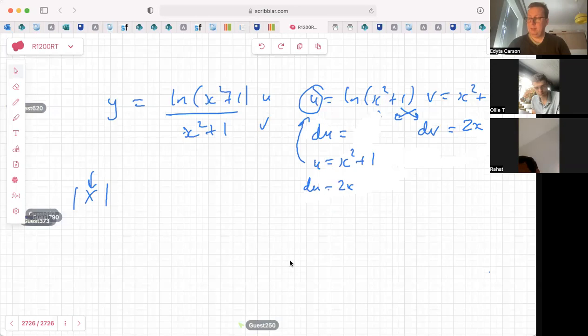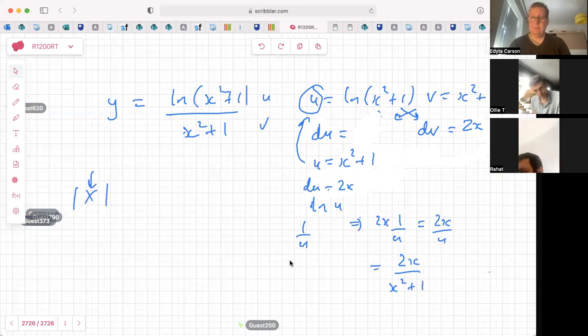That's 2x. And then that means that it's log u. So differentiate that. It's 1 over u. So we've got 2x times 1 over u, which equals 2x over u. And this equals 2x over x squared plus 1. So there we go.